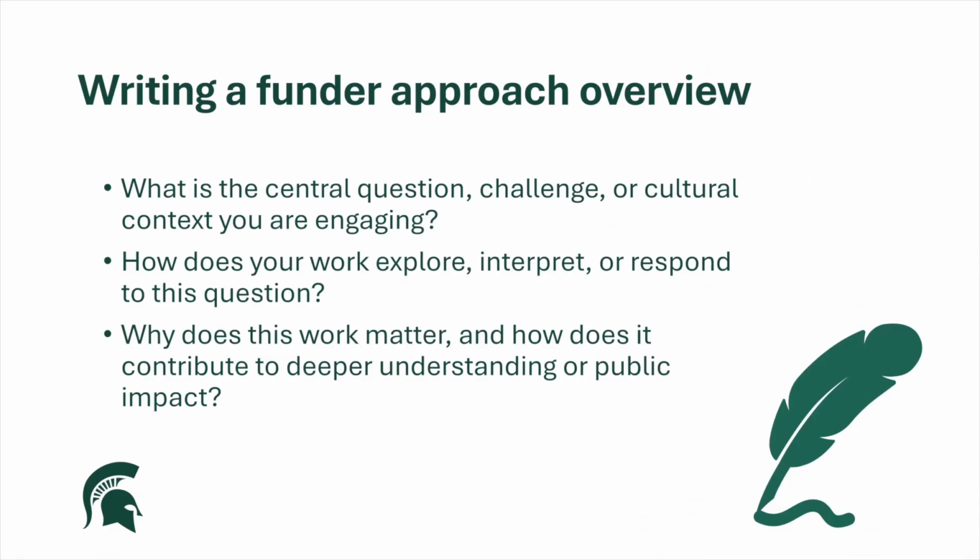Arts and humanities kind of get lost in this space of people don't know how to explain the explicit value of what you're doing. So try to address a question or a challenge or a cultural context on why this work is important. And then how does your work explore, interpret, or respond to this question?